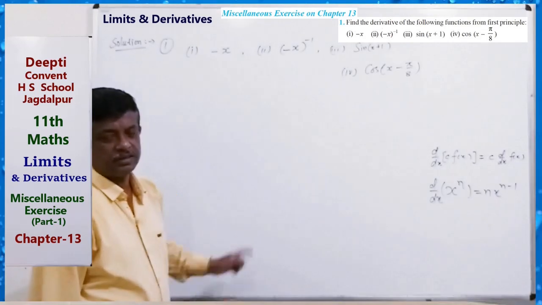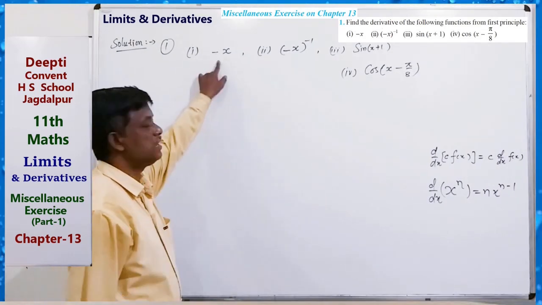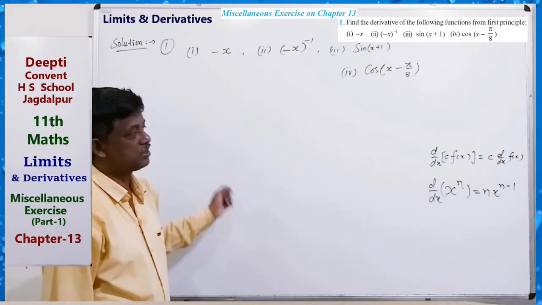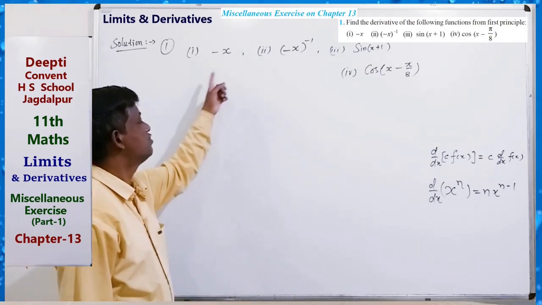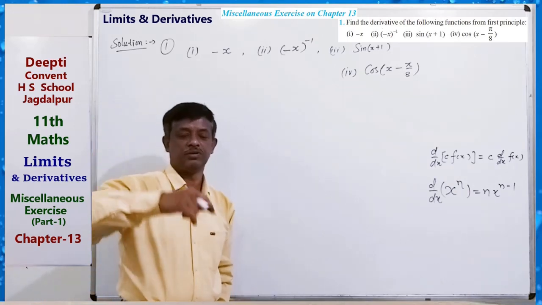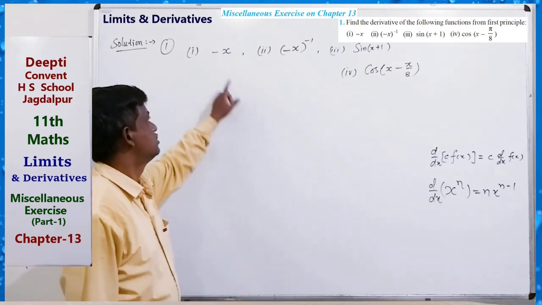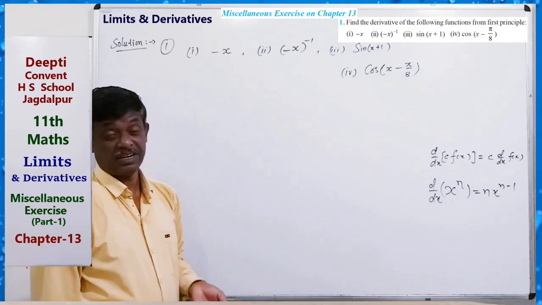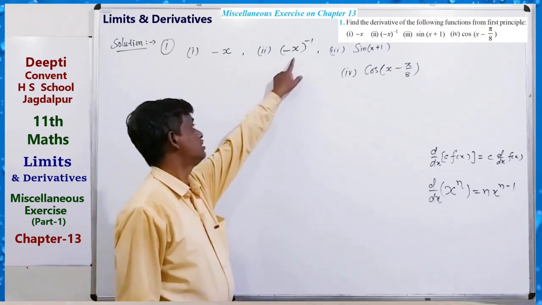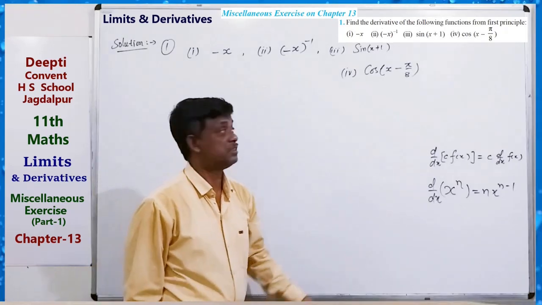So here for minus x, c means minus 1. So minus 1 can be taken outside and the derivative of x is 1, x to the power 1 minus 1, that is 1. So this is minus 1. But it can be found from the first principle method also.